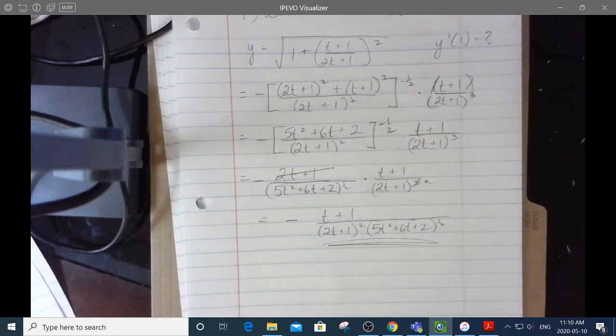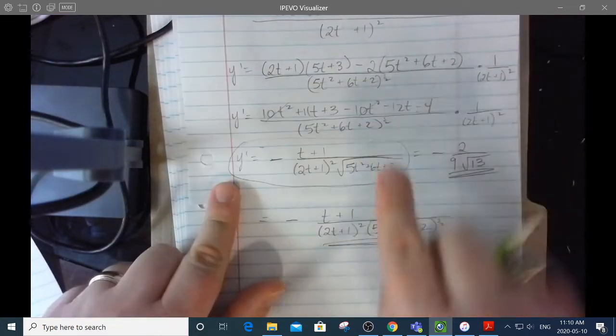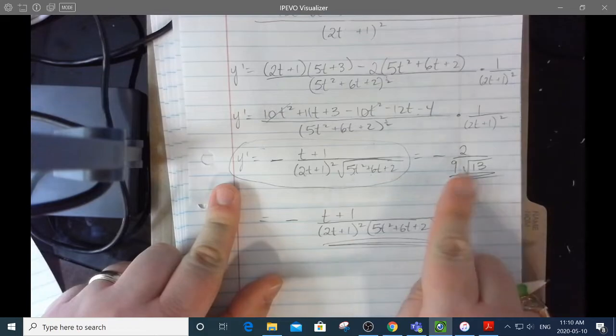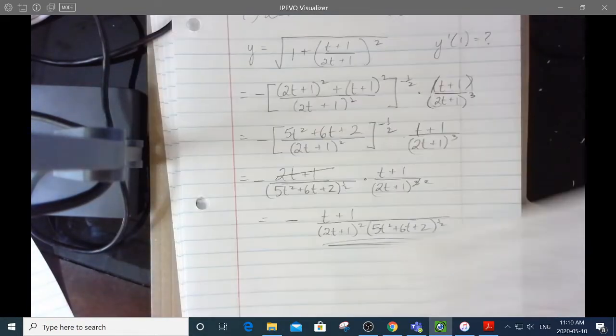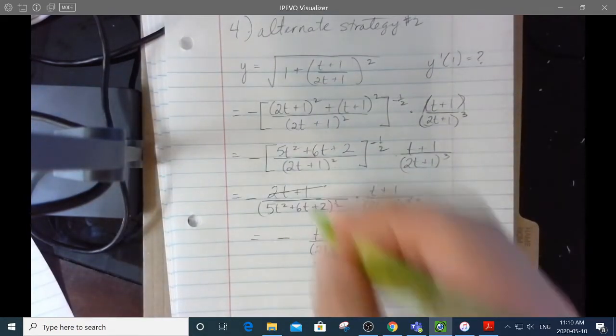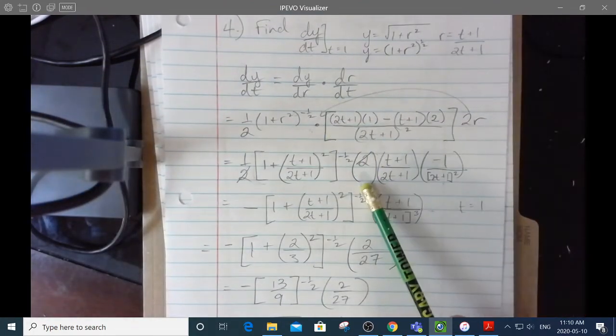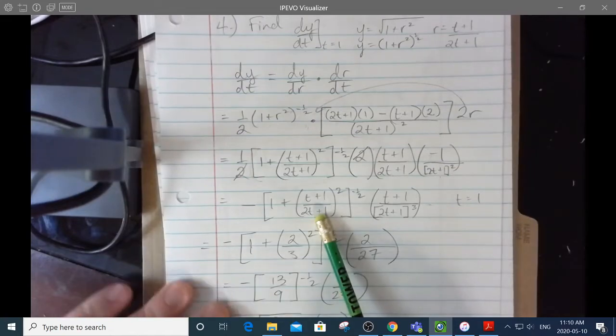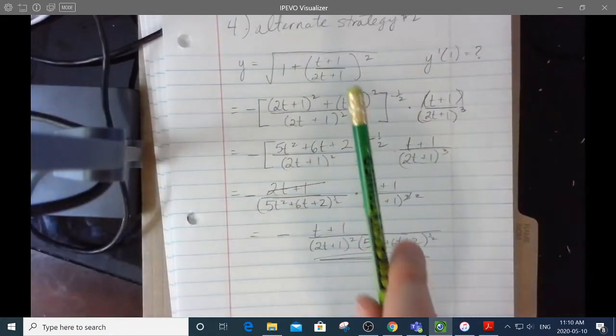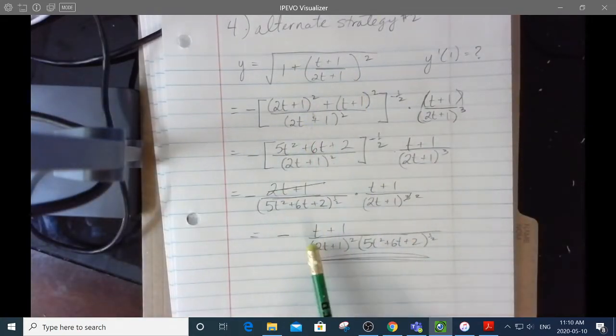Notice, even if I needed to get this sort of simplified answer that I got last time and then plug the number in, it was still easier to go through using chain rule first. Then when I got to here, I did some simplification algebra.